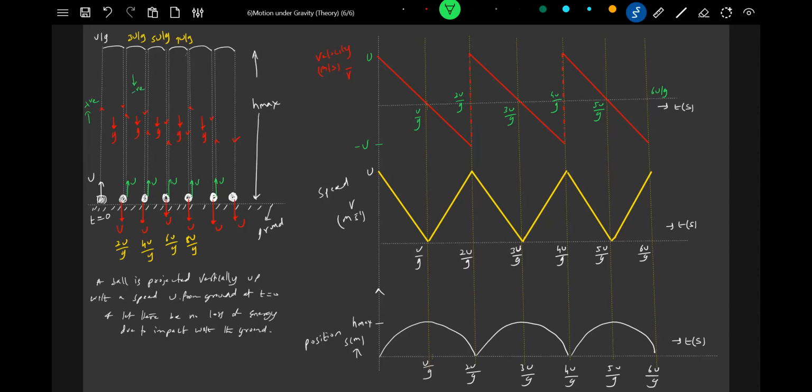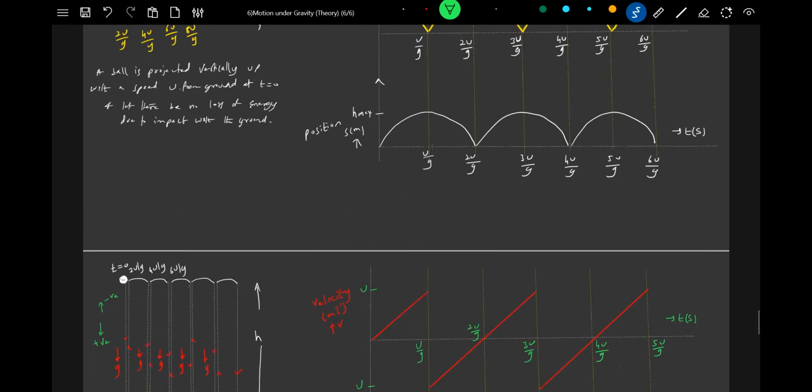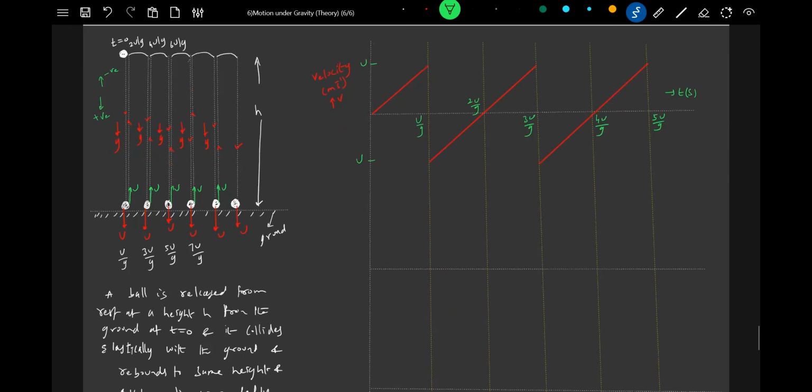Now for this one, any quantity measured in the downward direction will be taken as positive. It will come and strike the ground with a velocity u, so this should be positive. Immediately after impact, in an elastic collision with no loss of energy, the velocity will be directed vertically up. So this u will become negative the very next moment.